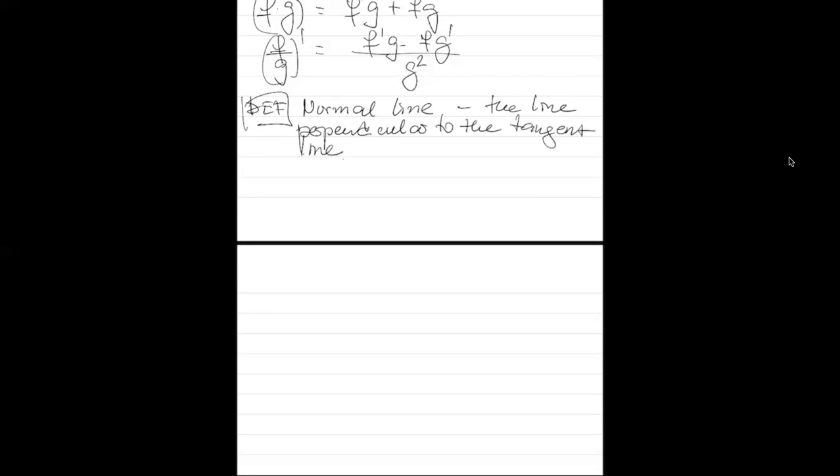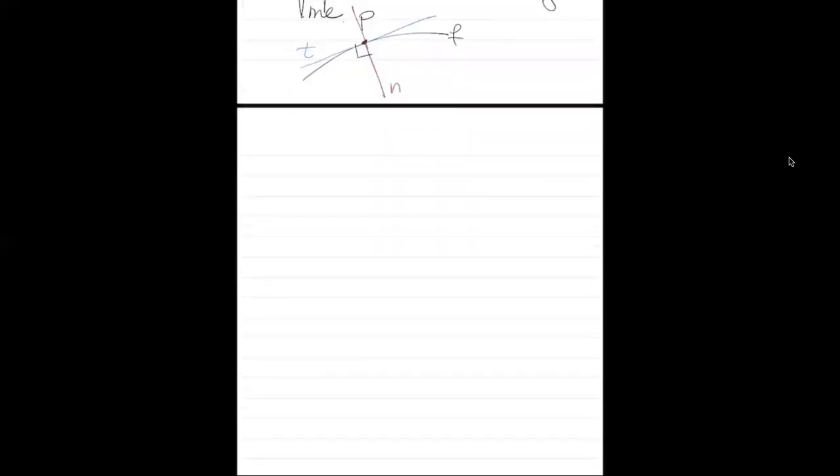So if two lines are perpendicular, then the slopes are opposite reciprocals. Here's a function f, here's a point P, here is a tangent. So the normal line is perpendicular. This is N. And we know perpendicular lines have opposite reciprocal slopes.